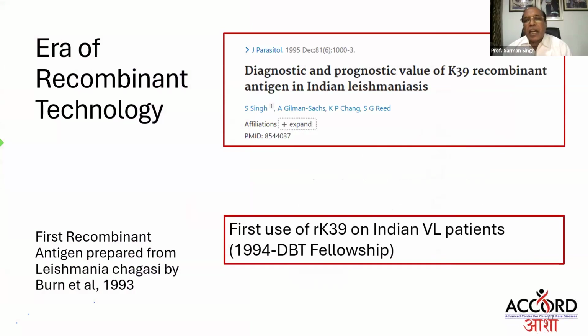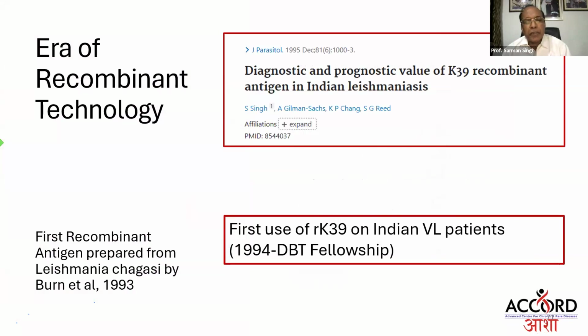So obviously then the era of recombinant DNA technology came. Everybody knows that in the late 80s the molecular technology came, and recombinant DNA technology came into existence in the early 1990s. And the first paper was by Burns, who was a student of S.G. Reed, who was the first guy.